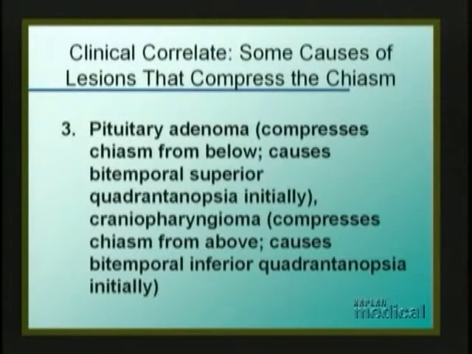So now, what are the causes of lesions that compress the optic chiasm? Well, fundamentally, the common causes are due to compression by different forms of pituitary tumors. Since the optic chiasm is in the midline, it's situated directly above and just anterior to where the pituitary gland sits. But remember the distinction.